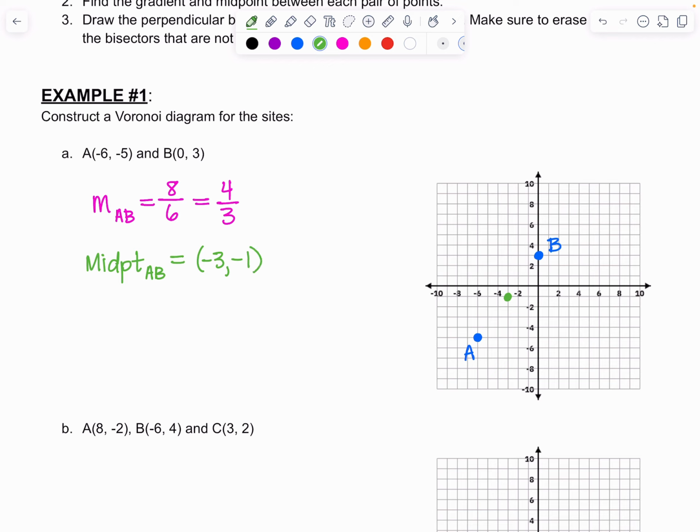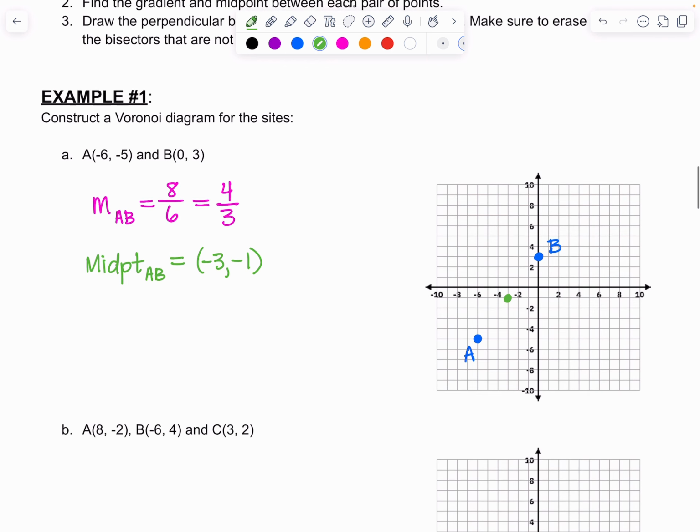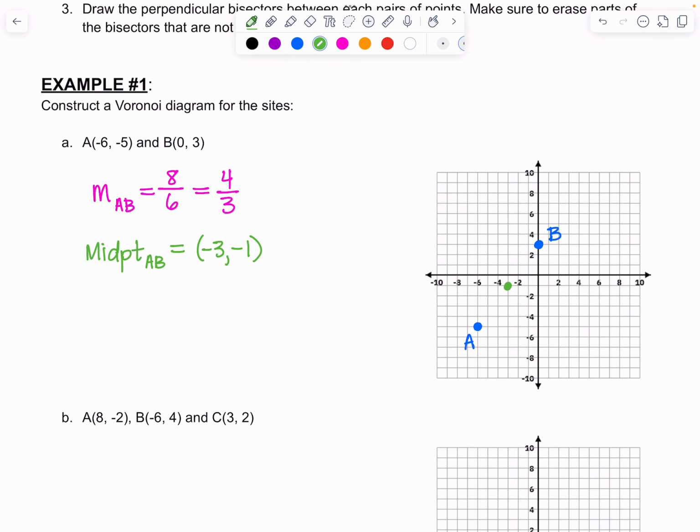All right. So now what I need to do is draw the perpendicular bisector through it. So remember your perpendicular slope. The upside down T has a right angle, and that's the symbol for perpendicular. You don't have to write the right angle inside of it.